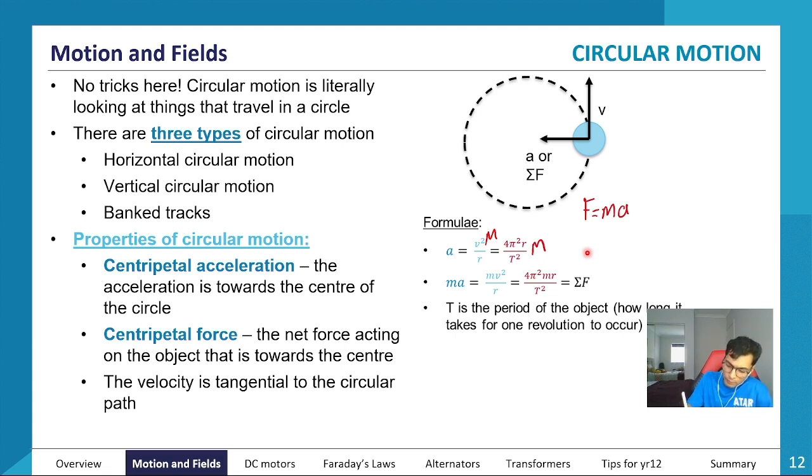You might be wondering what this symbol in front of the force is. That's a Greek symbol called sigma, and what it basically means is the total sum of the forces. So when we substitute m into our circular motion equations, we get the sum of all the forces added together.